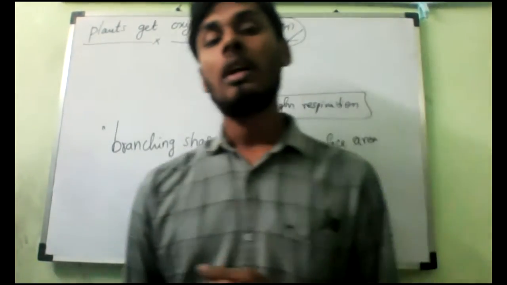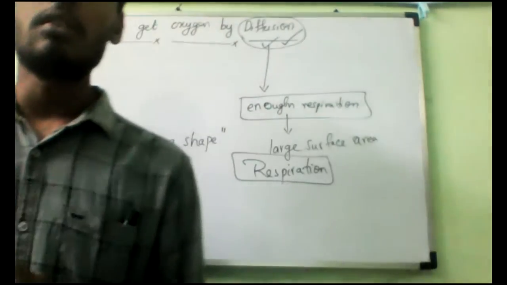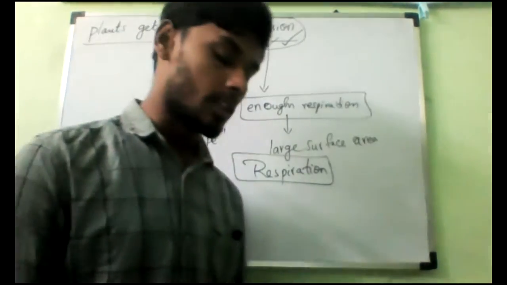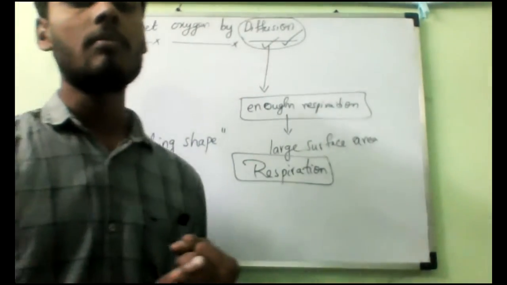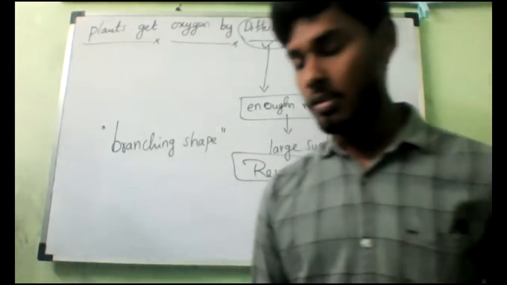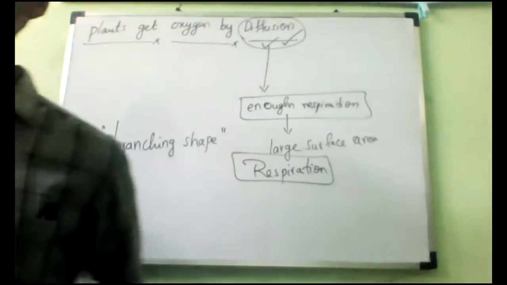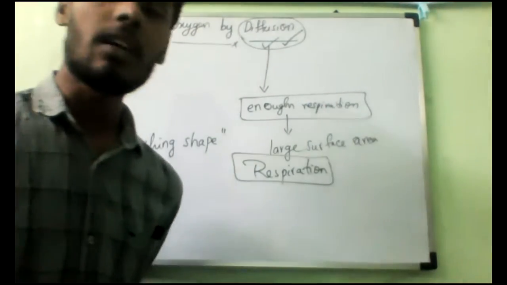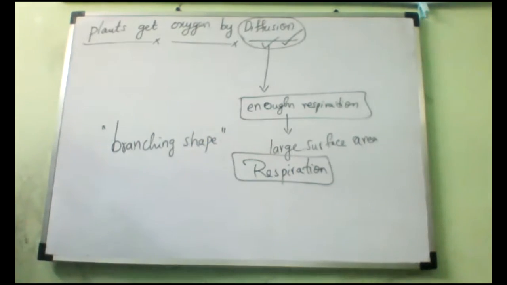Full stop. Diffusion occurs in the roots, stems, and leaves of the plants.